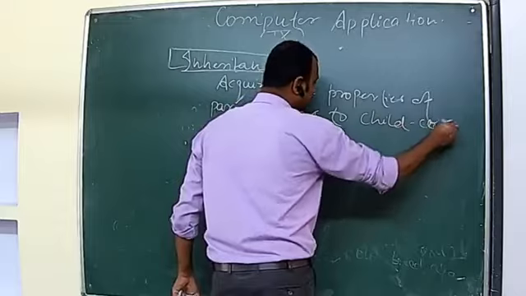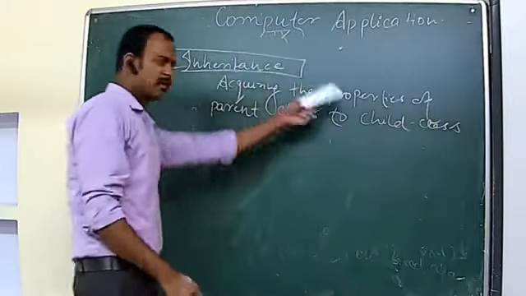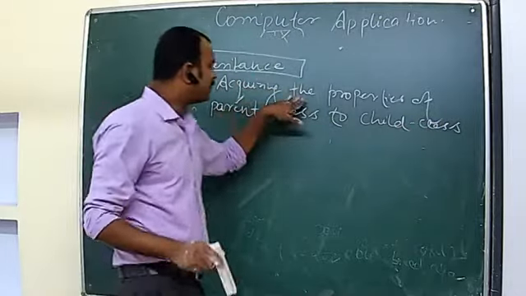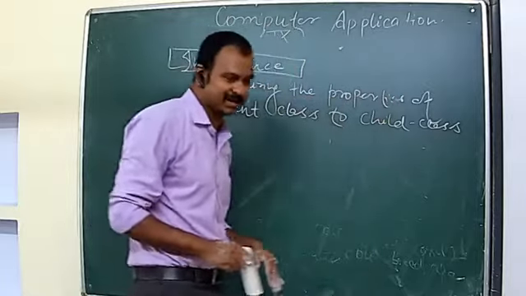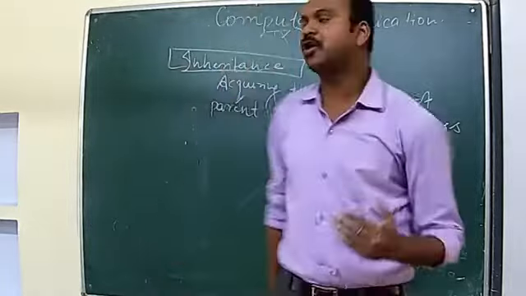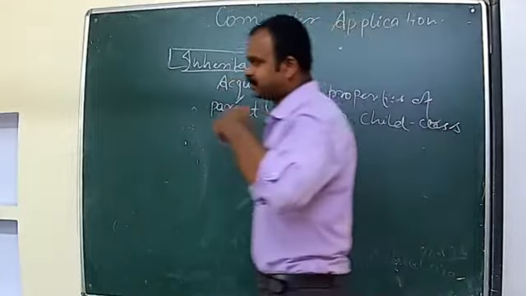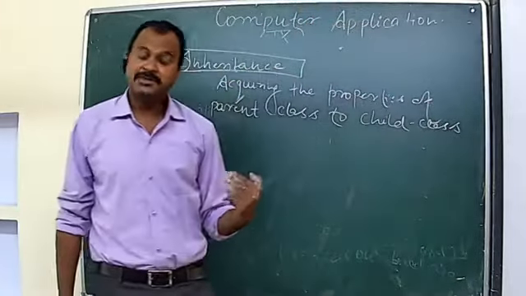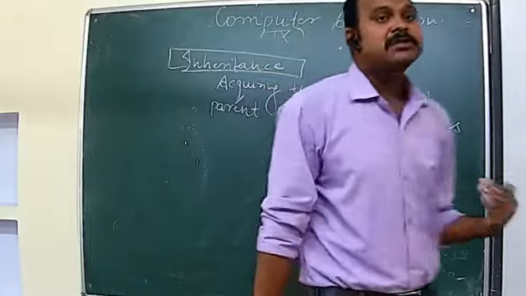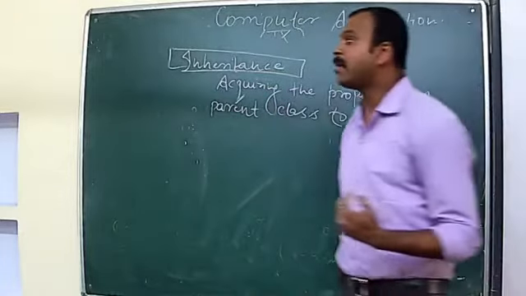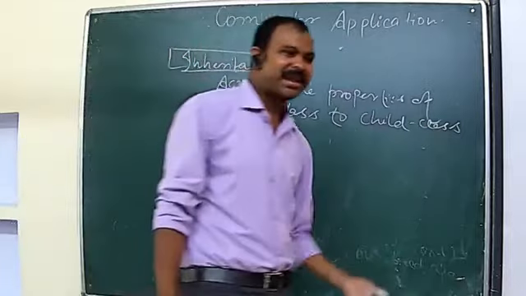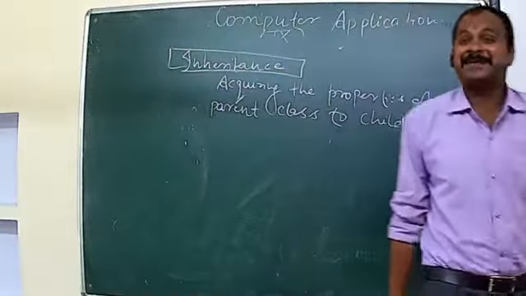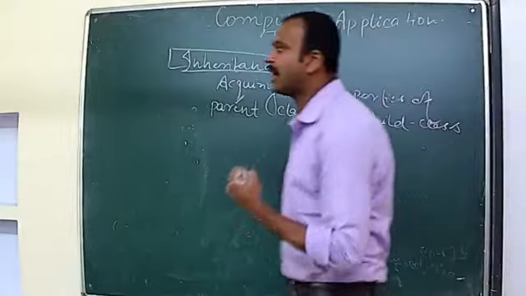In a simple way, acquiring the properties of the parent class to the child class. Definitely in the real world also, children can acquire some properties from their parents, some behavior, or some kind of attributes can also be acquired from the parent class.